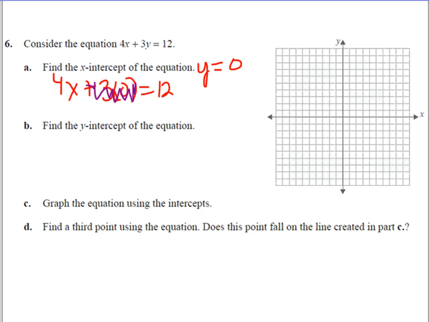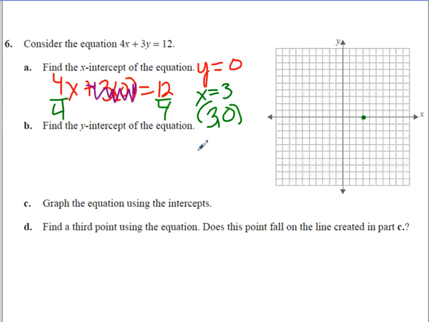Then I can see that 4x equals 12. When we divide by 4, we see that x equals 3. So as an ordered pair, we had 3 for x when we used 0 for y. And so the x-intercept is right here on the x-axis.